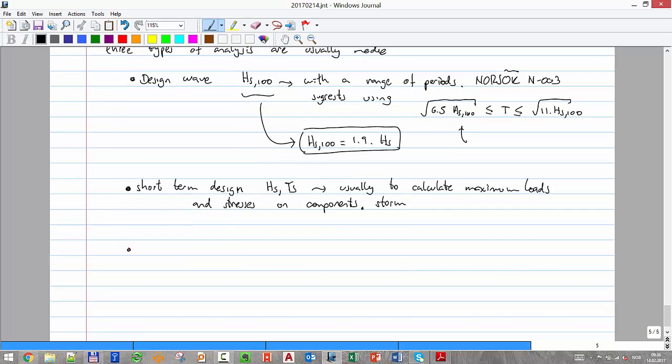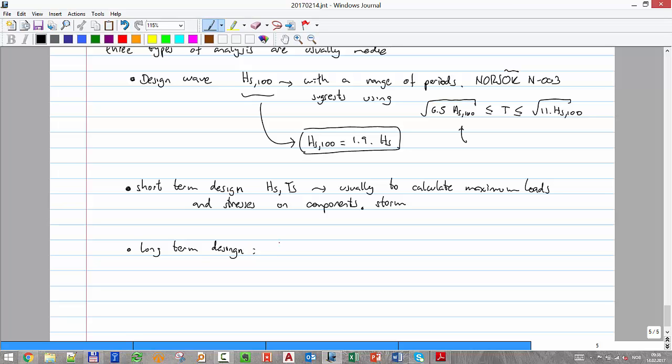And then we have another type of design, which is long-term design. Where I try to take a longer period of time, for example years, and then I try to see if there is any component that will be prone to fatigue, for example. Fatigue, remember, is not something that we usually have in a very short period, but it's something that accumulates along the years.